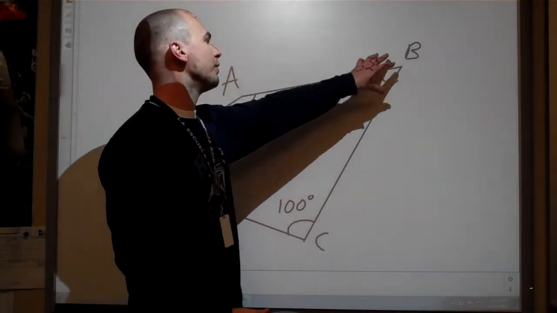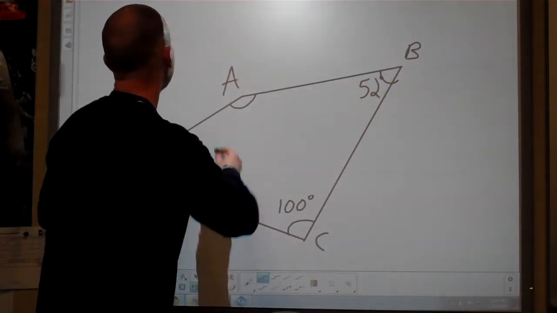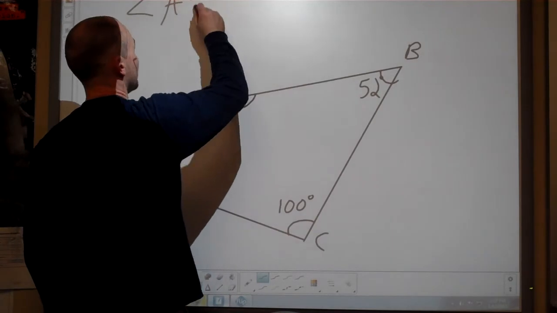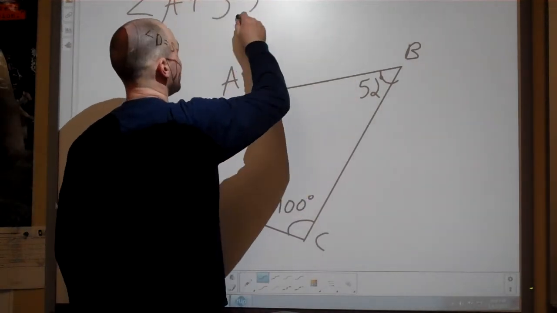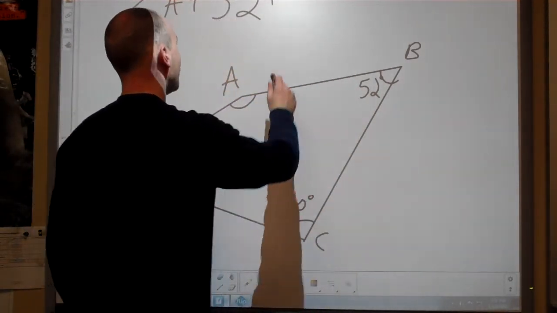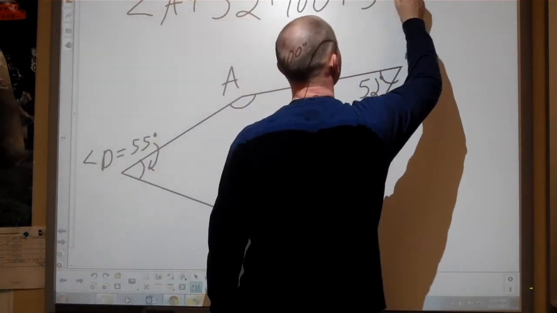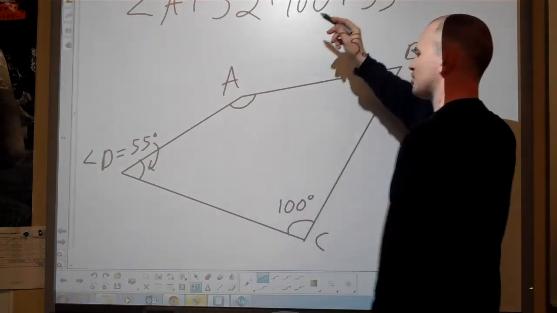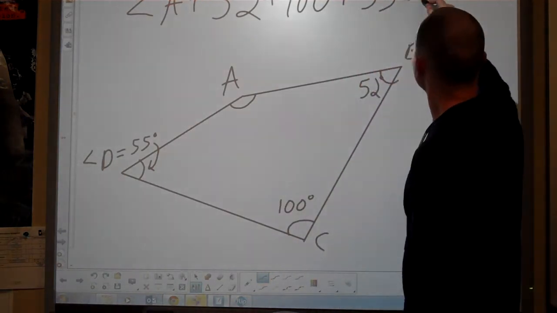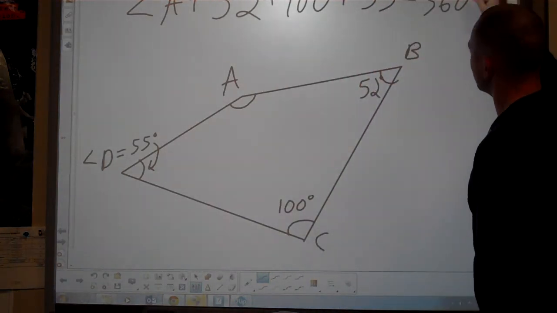Missing angle A. We know angle B is 52 degrees, so let's write this. Angle A plus 52, which is angle B, plus 100, which is angle C, plus 55. The sum of all four of these angles, just like any quadrilateral, has got to be 360 degrees.